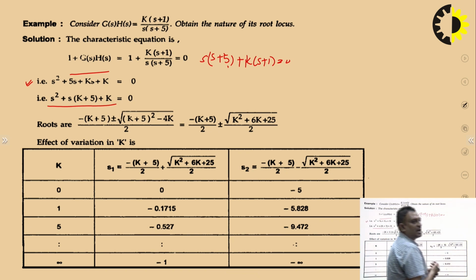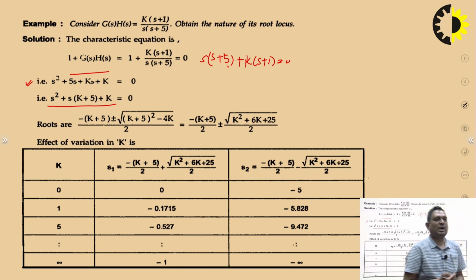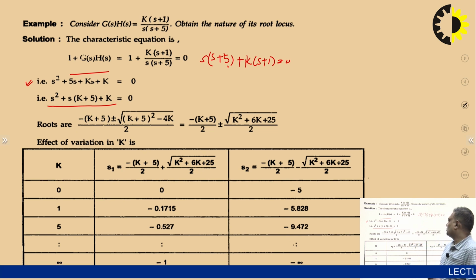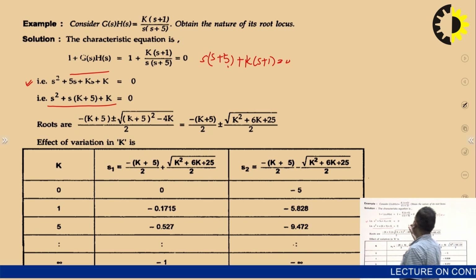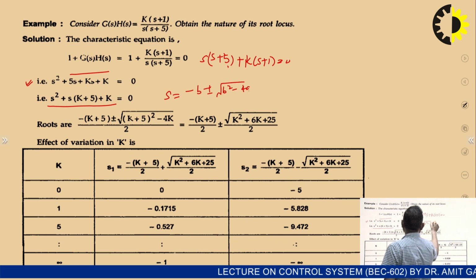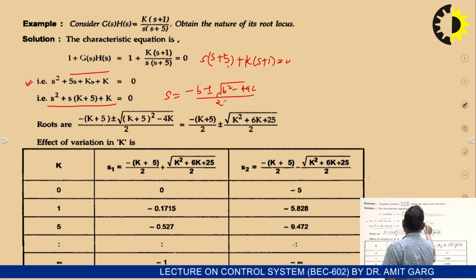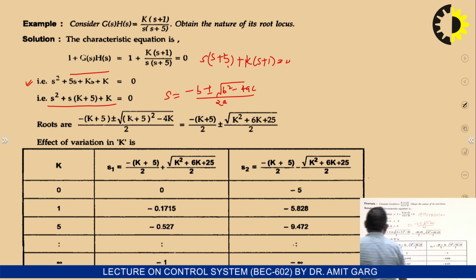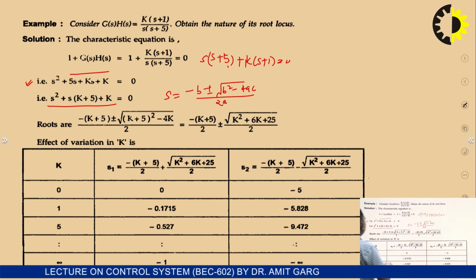So now this is your quadratic equation. In case of a quadratic equation, we have two roots, and we find the roots using the Sridharacharya formula, which is s equals minus b plus minus under root b square minus 4ac upon 2a. So by this we find that the coefficient b is k plus 5, coefficient a is 1, and coefficient c is k.